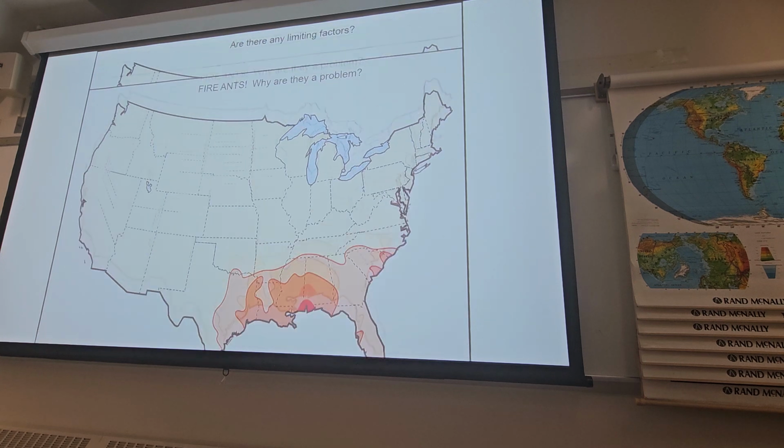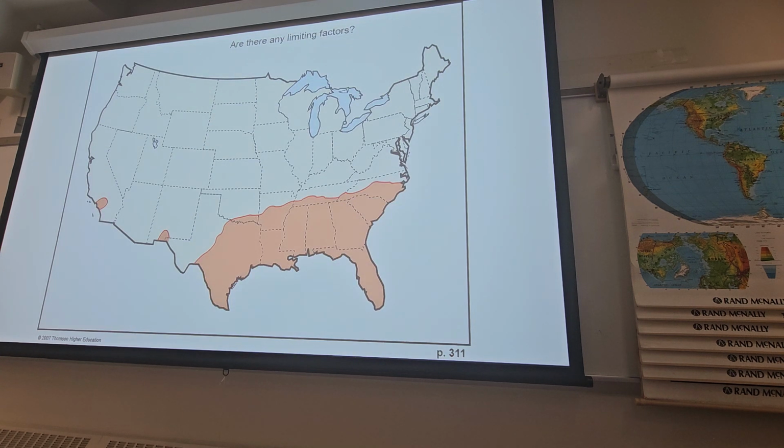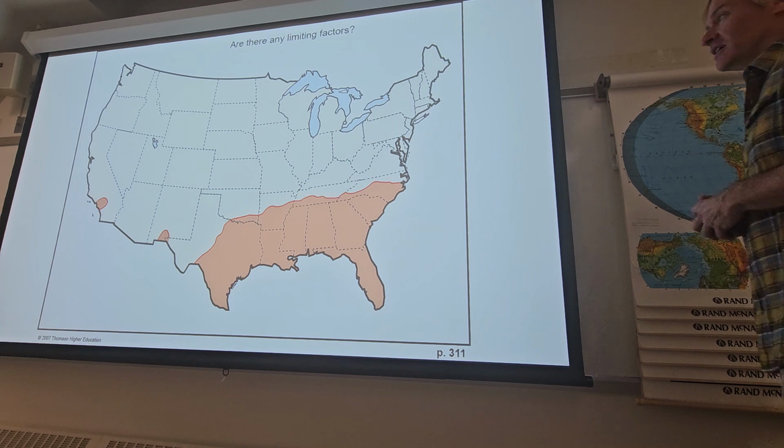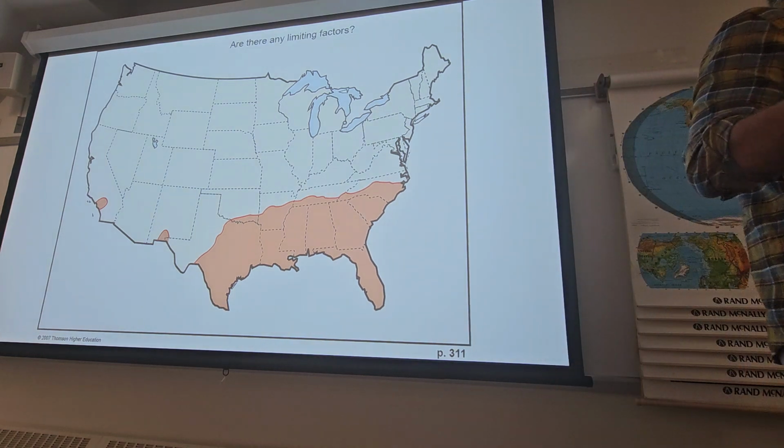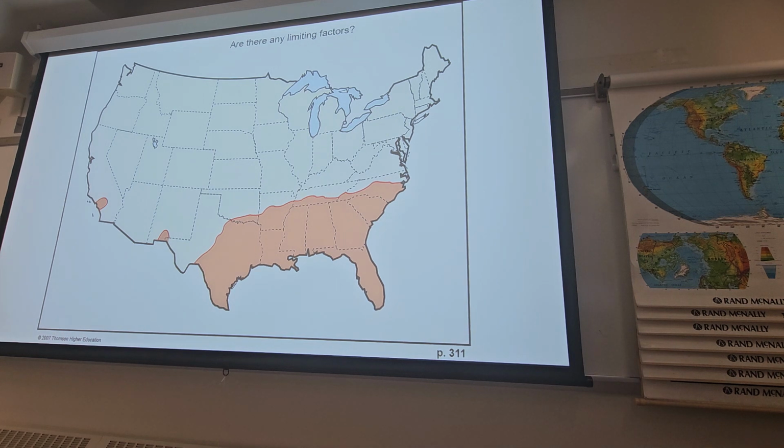And then through time, these are the 80s, it seemed like it would be inevitable that fire ants would take over everywhere at the rate that they were going. Have people ever had fire ant problems in Minnesota?